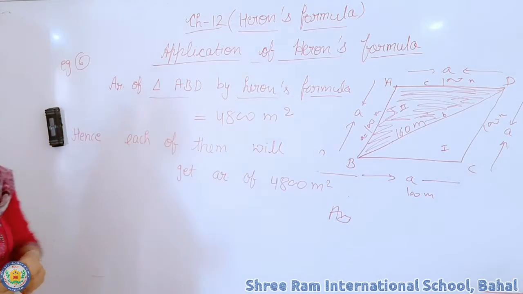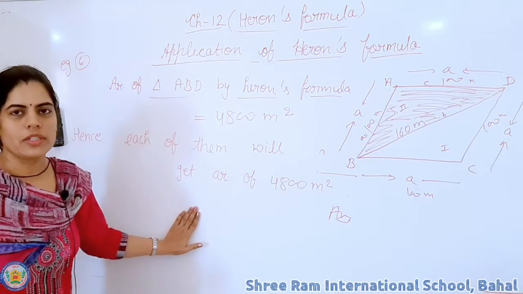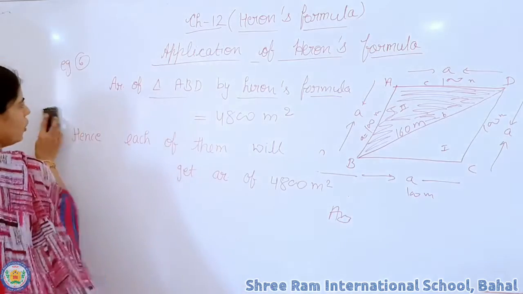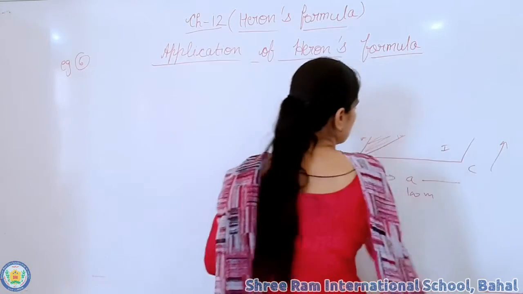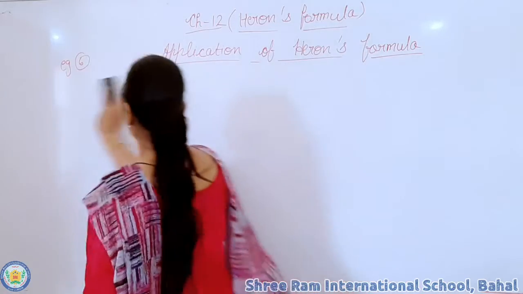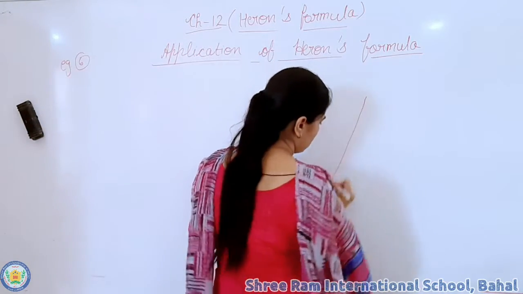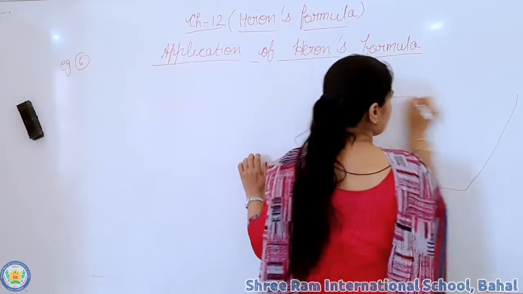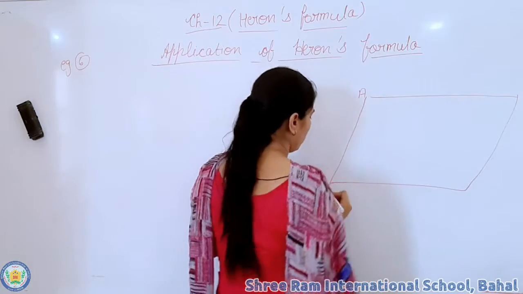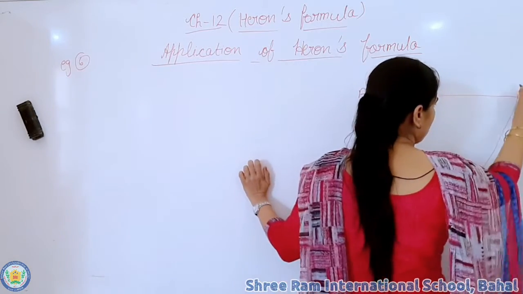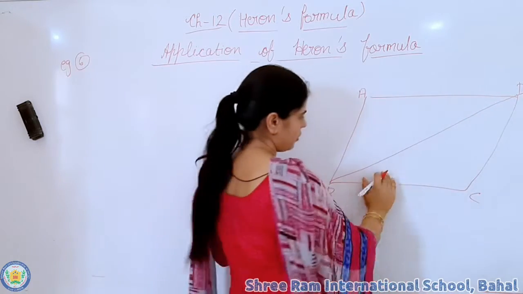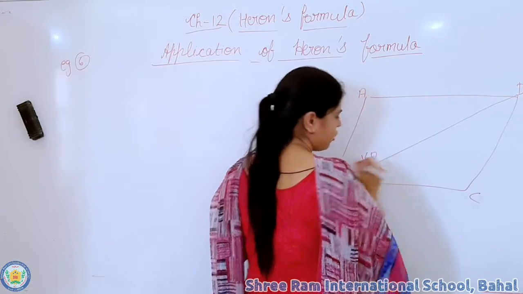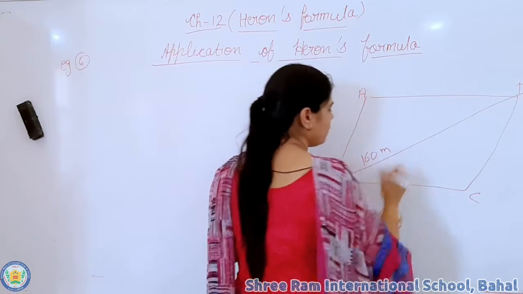We can find out this same question in a second way. Look at the board. This is our rhombus A, B, C and D. We have a diagonal of this. What was it? 160 meter.